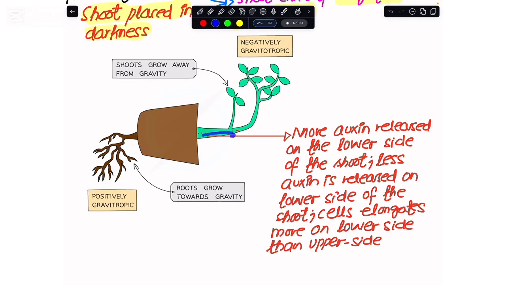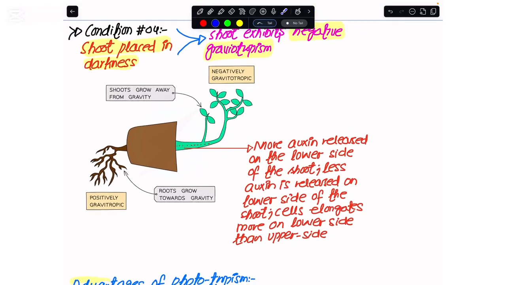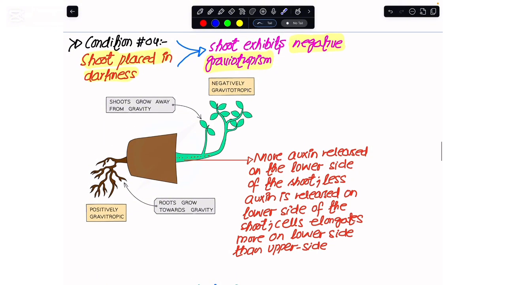As a result, on the lower side there would be more cell divisions and more cell elongation compared to the upper side. So the shoot is bending away from gravity, or away from the soil, and this is the negative gravitropism exhibited by the shoots when we have placed them in the darkness.